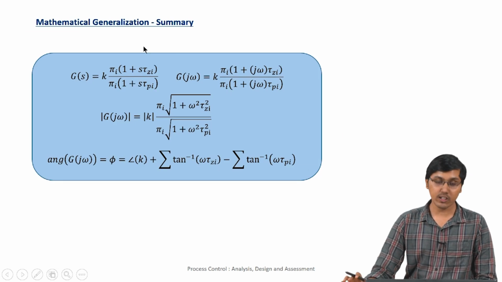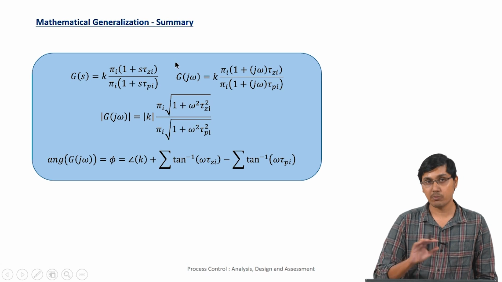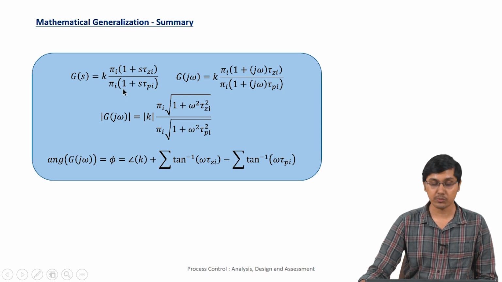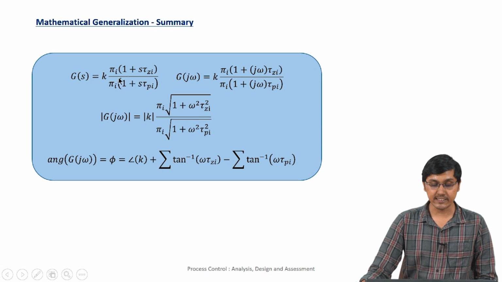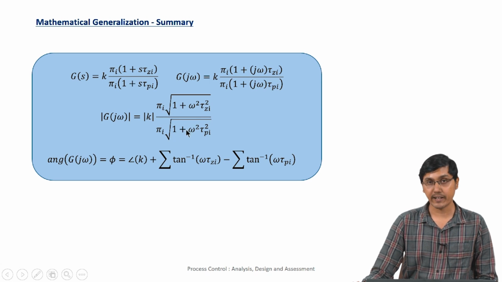A summary of what we have to remember: if we have a function G(s) equal to K times the product of the zeros over the product of the poles, then for G(j omega) we substitute j omega wherever s is present and take the magnitude. This is the product of root of 1 plus omega square tau square for all the zeros, divided by the product of root of 1 plus omega square tau square for all the poles.